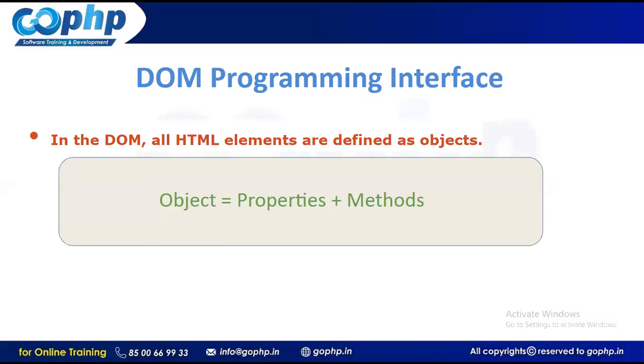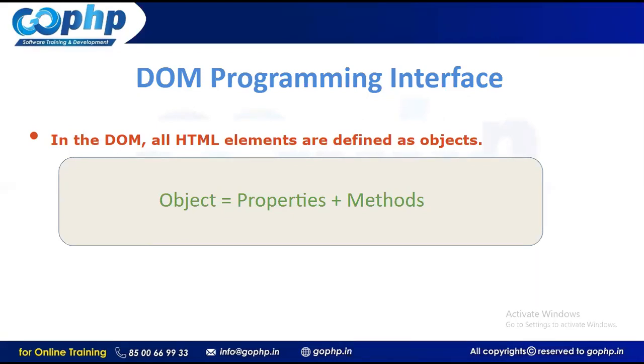Again I'm saying, every element in HTML, when you come to JavaScript, will be an object. Every element contains some properties, sorry, attributes. We know the global attributes of every element: id, style, class.